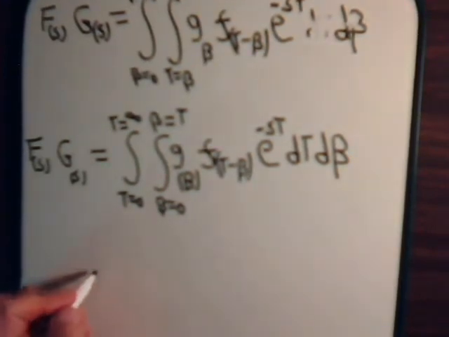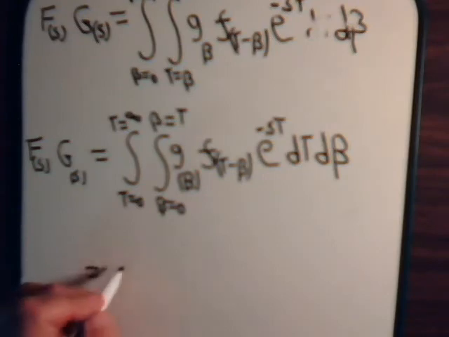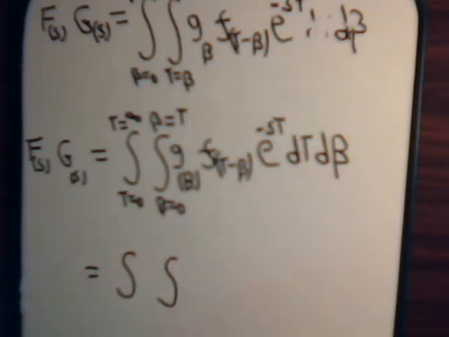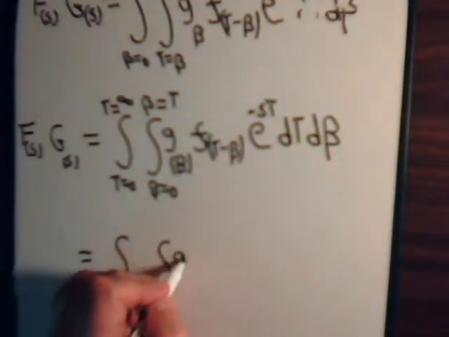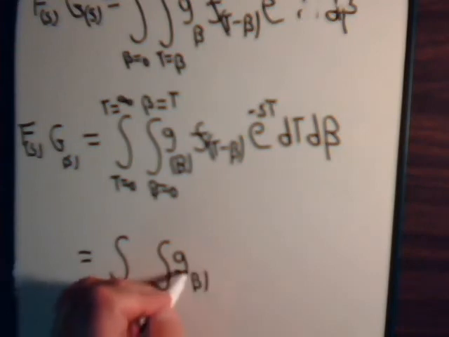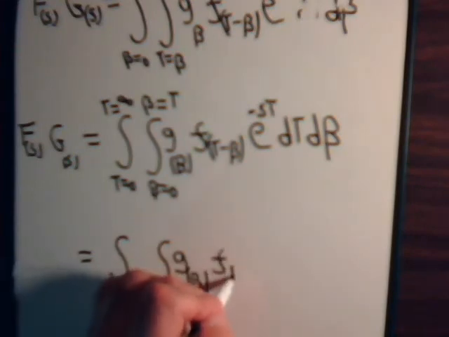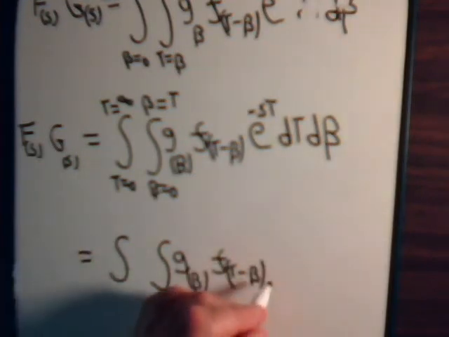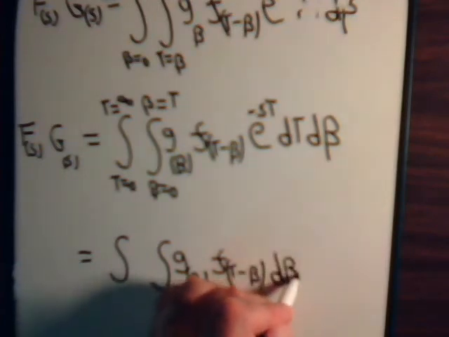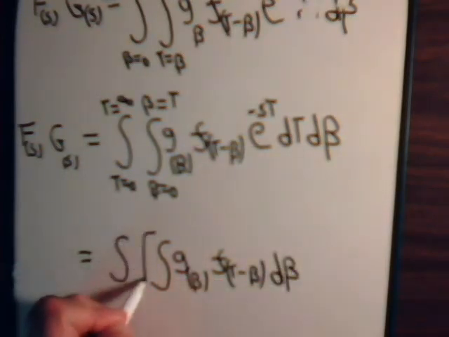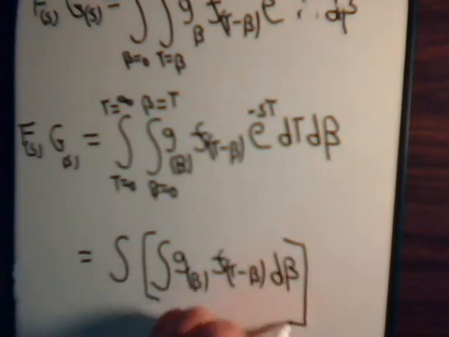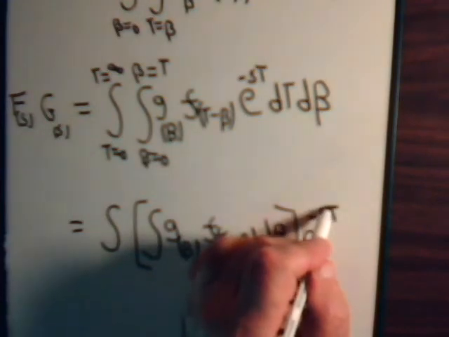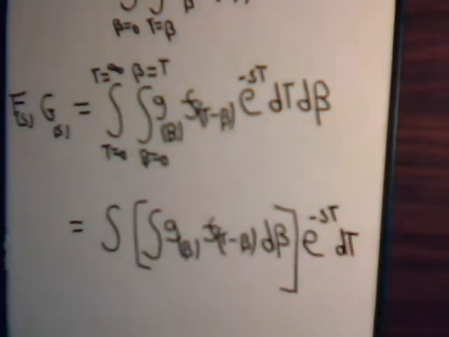This will equal the integral of g beta f of t minus beta d beta, times e to the minus st dt.